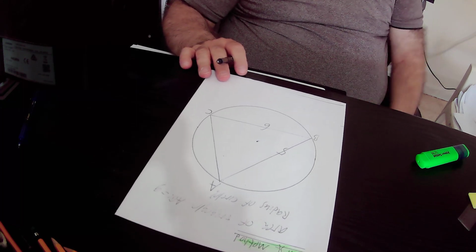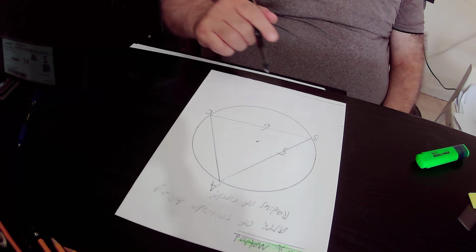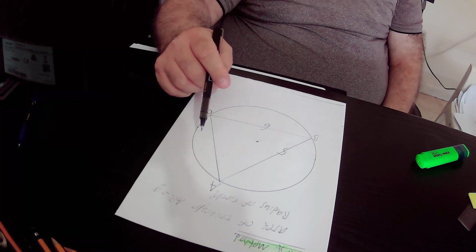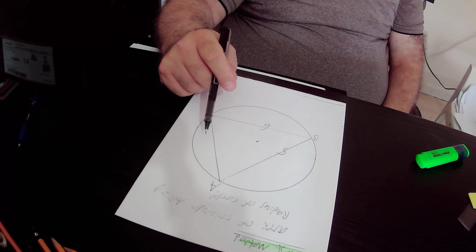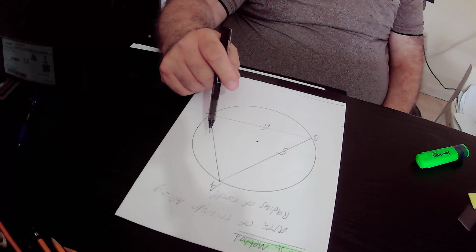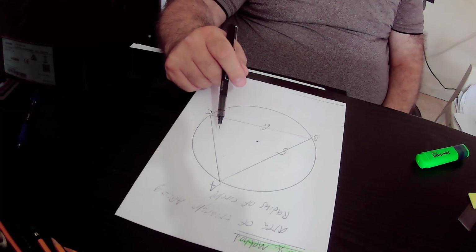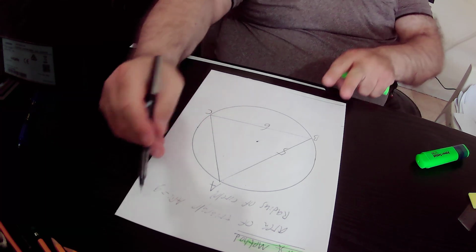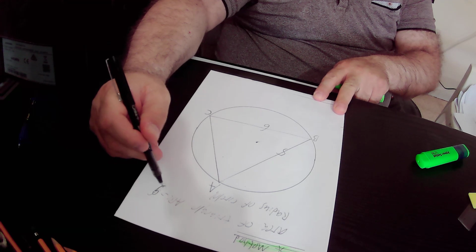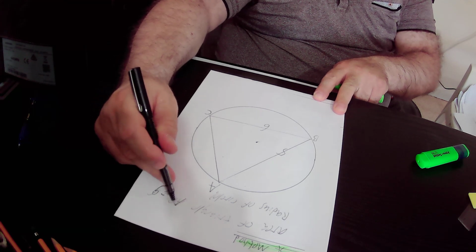In the drawing, we have this circle. Inside the circle, we have triangle ABC inscribed in the circle. We know that the area of triangle ABC equals 9 square units, as given in the question.